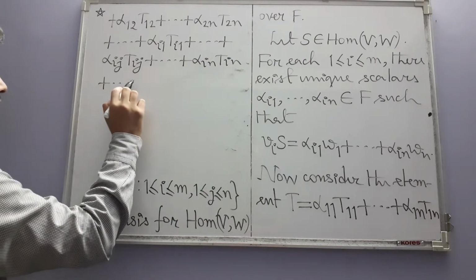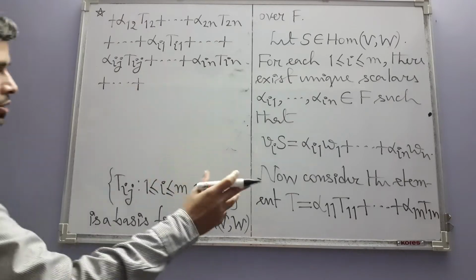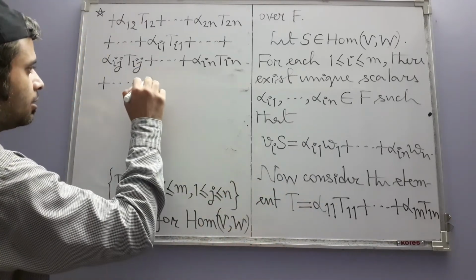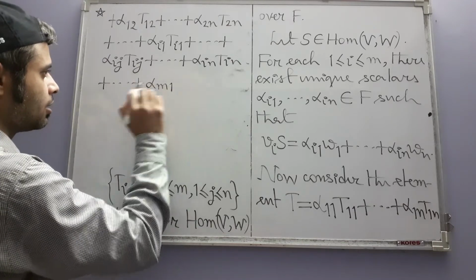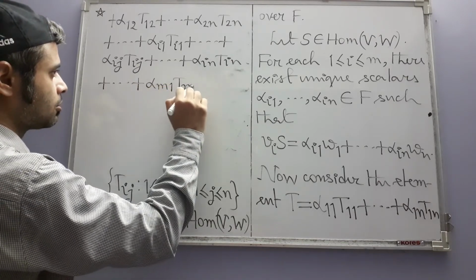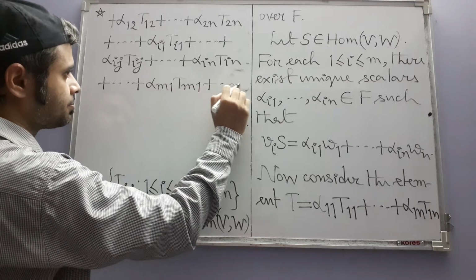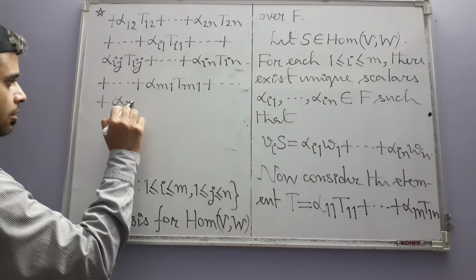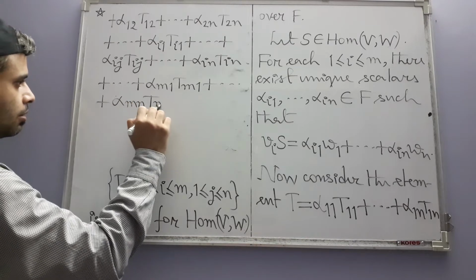These many terms I am writing simply for the sake of showing how things are going here. And finally, of course, we have alpha m1 Tm1, etc. plus alpha mn Tmn.